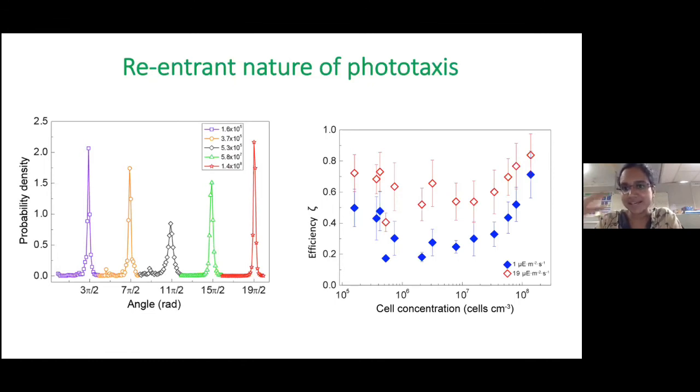That self-shading then has to be overpowered by this density-dependent motility: even though you have some self-shading going on, the fact that you move slowly, you are able to still detect the light much better. But we don't have any experimental proof that self-shading is at play below the critical concentration.